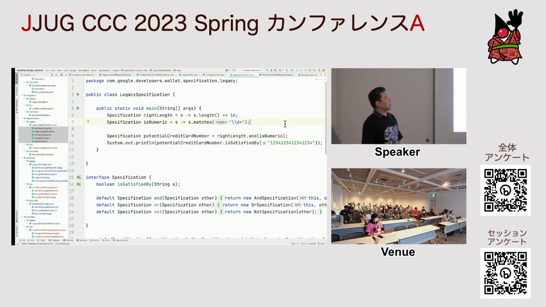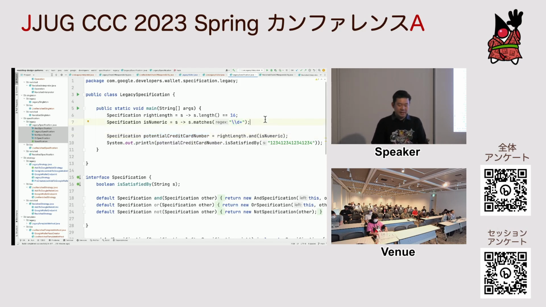In the past, it's good for us to give names to conditions in our system. Because, say I want to verify a credit card number, a potential credit card number.